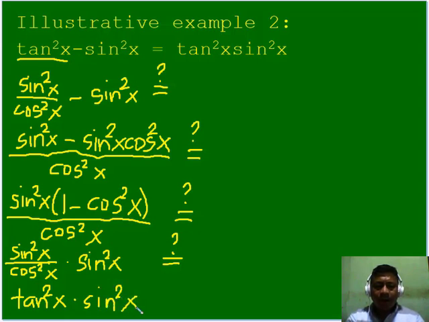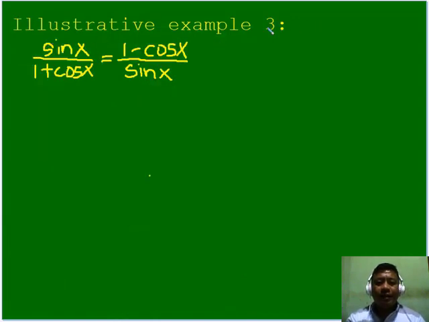So as you can see, we have proven that the left side of the equation is simply equal to the right side of the equation, which is tangent squared x times sine squared x. So take note of that. Consider illustrative example number 3.